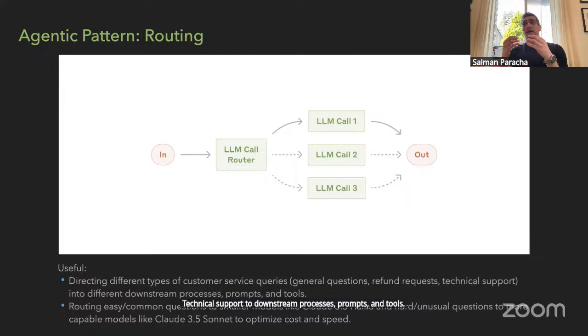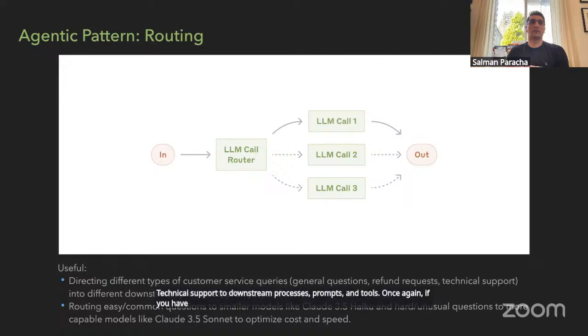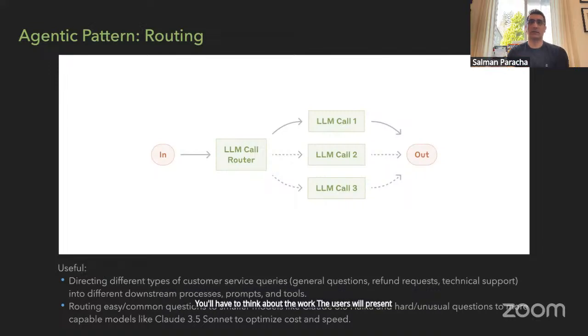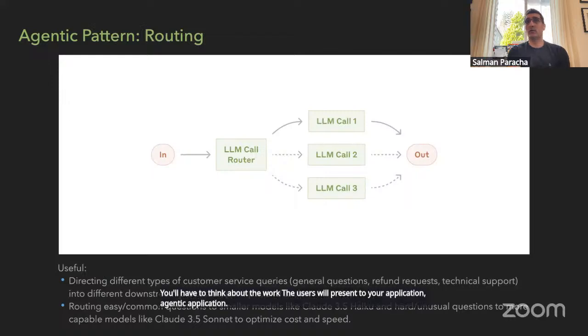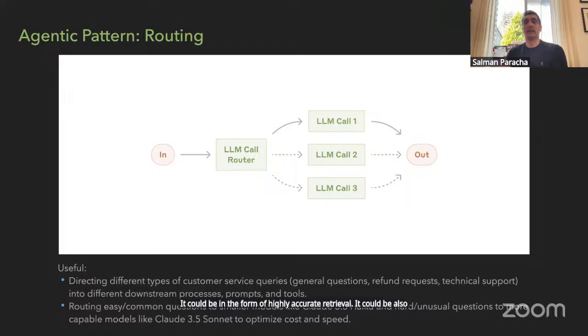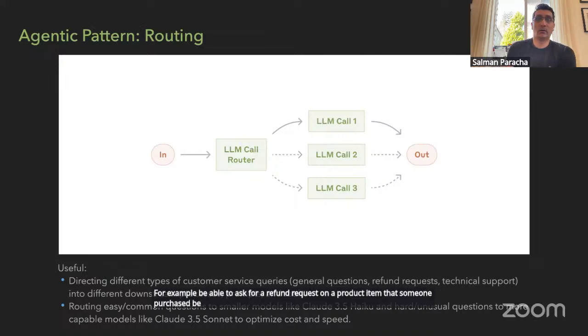Once again, if you have a user experience that you want to build supported by the natural language interface, you'll have to think about the work that users will present to your agentic application. It could be in the form of highly accurate retrieval. It could also be in the form of being able to trigger and get useful work done. For example, be able to ask for a refund request on a product item that someone purchased, be able to get technical support on a product that someone is using.